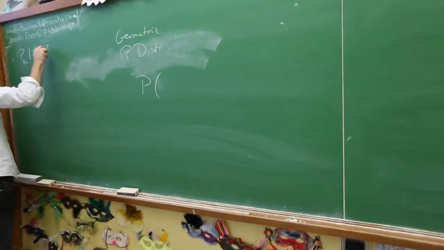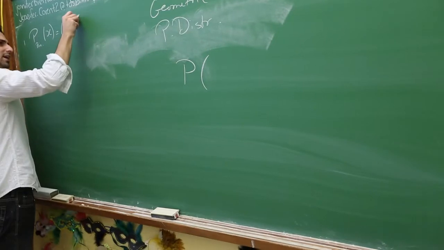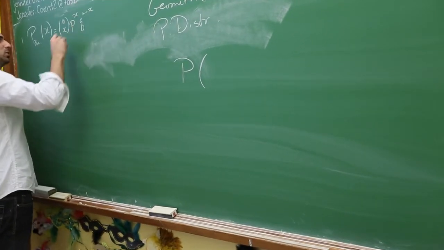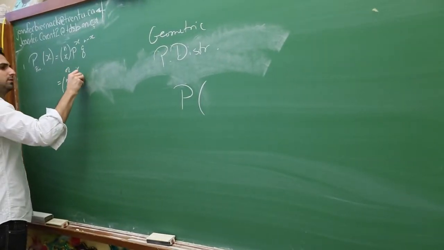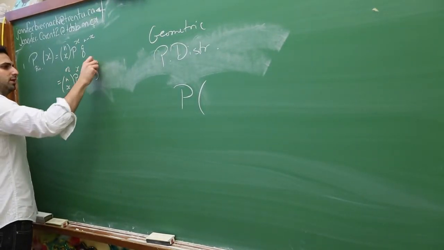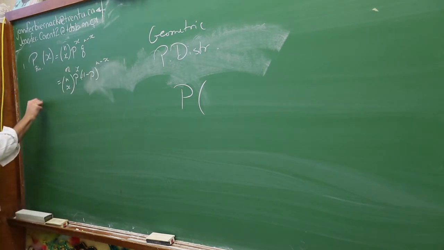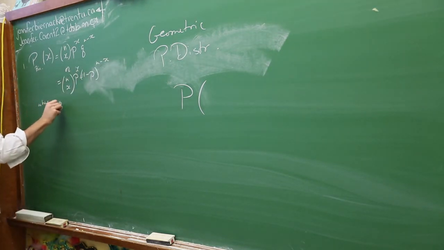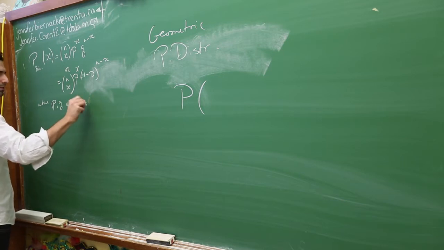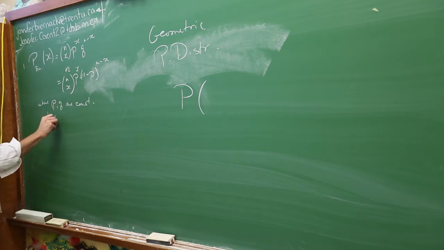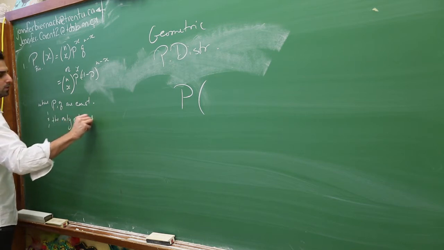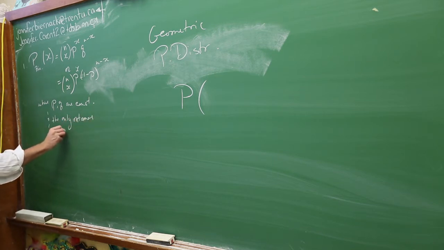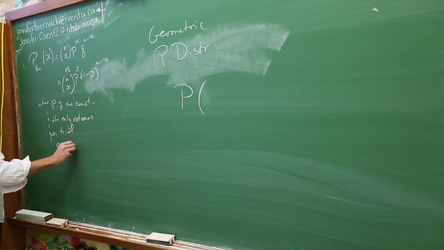So we had n choose x, p to the x, q to the n minus x, or n choose x, p to the x, 1 minus p to the n minus x, where p, q are constant, and the only outcomes per trial are success and failure.